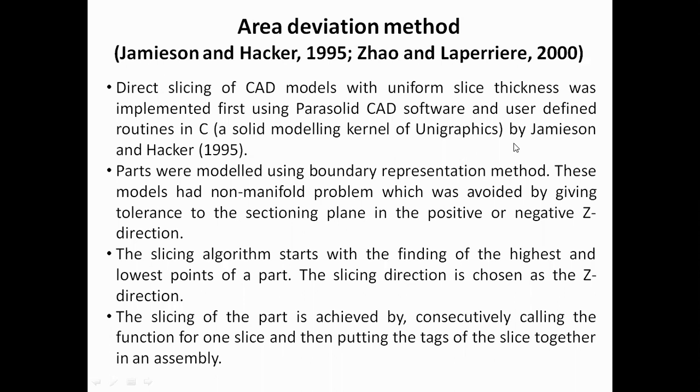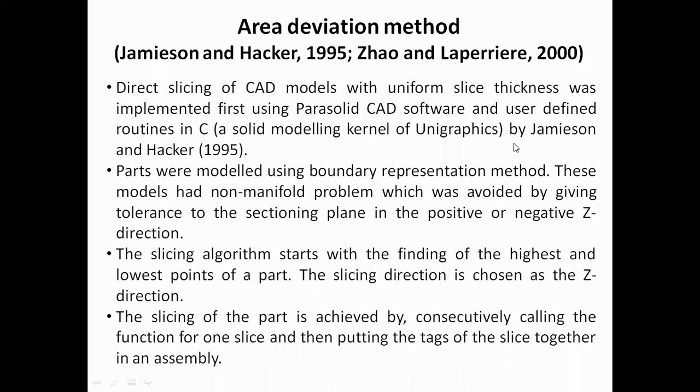One of the first methods that used a proper analytical technique was the area deviation method, which was introduced by Jamieson and Hacker, and then modified and made better by Zhao and Lapierre.